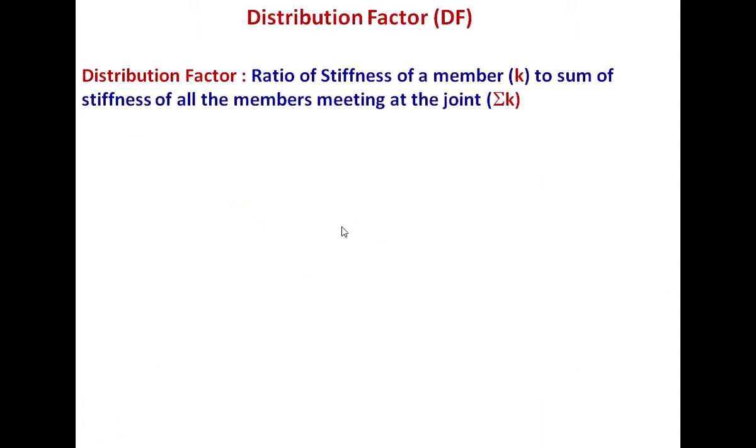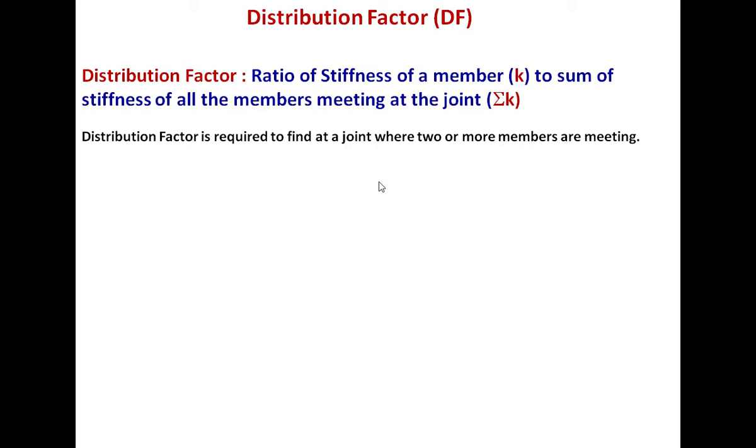Now comes a very important concept, the distribution factor. Distribution factor is basically a ratio. It is a factor, and it is found as the ratio of the stiffness of a member, known as K, to the sum of stiffnesses of all the members meeting at the joint, that is sigma K. This factor is used when two or more members are meeting.